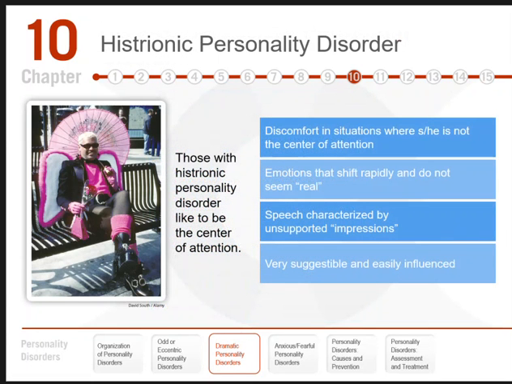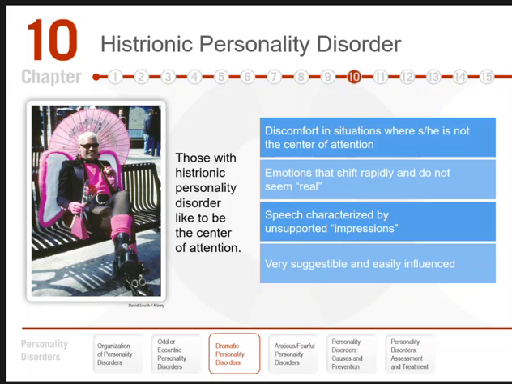Here's an example of a histrionic personality. A person with histrionic personality is where you can see the flamboyant dress, discomfort with situations where they're not the center of attention.